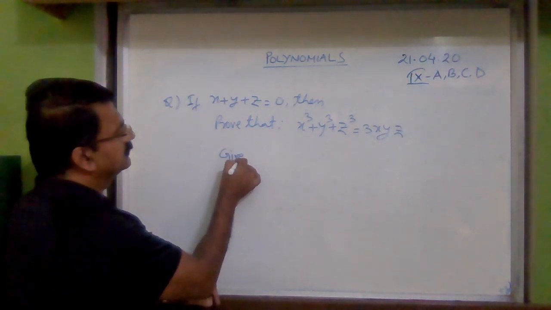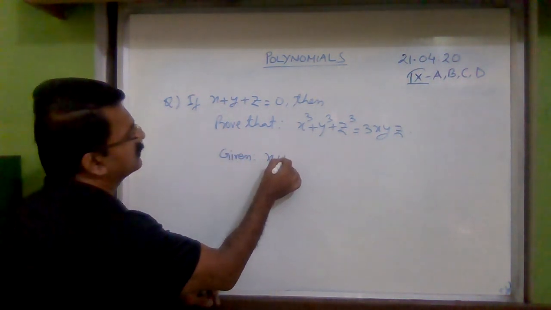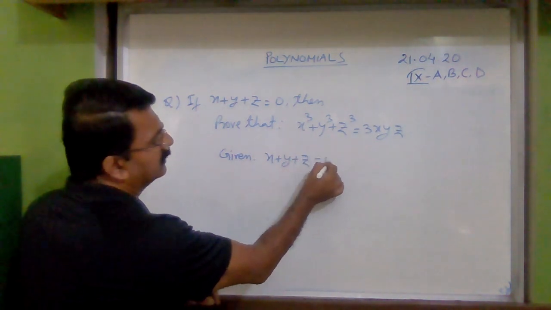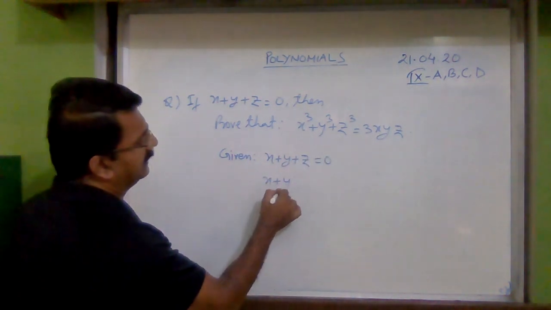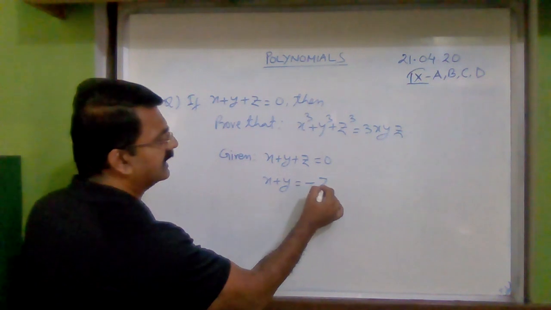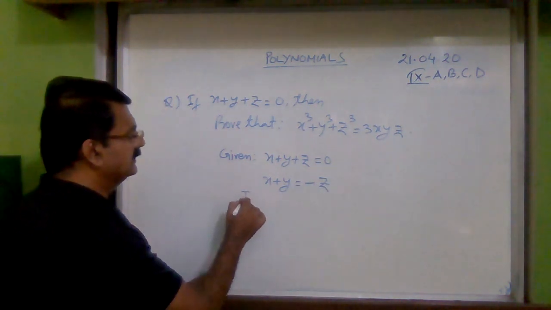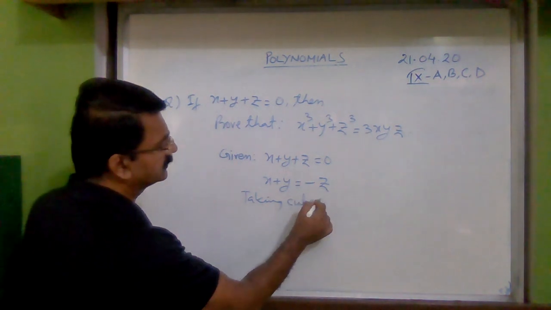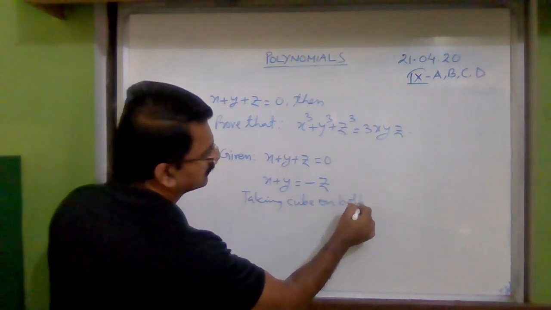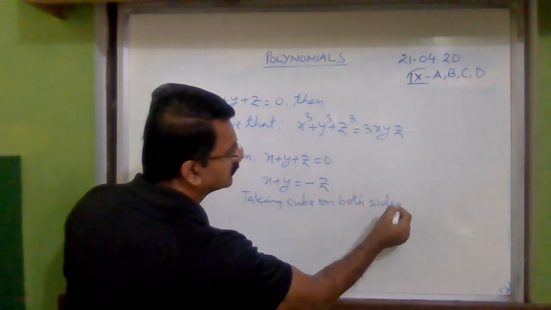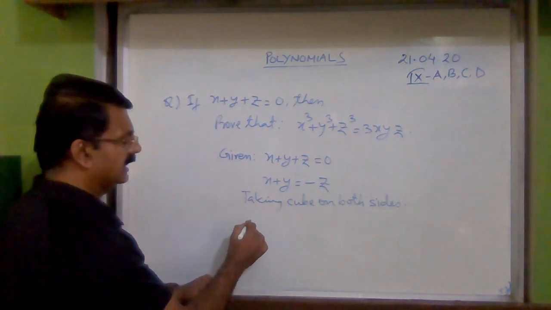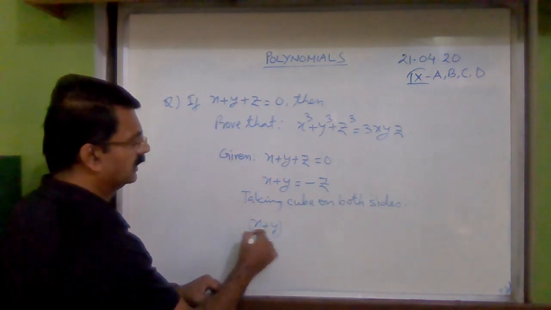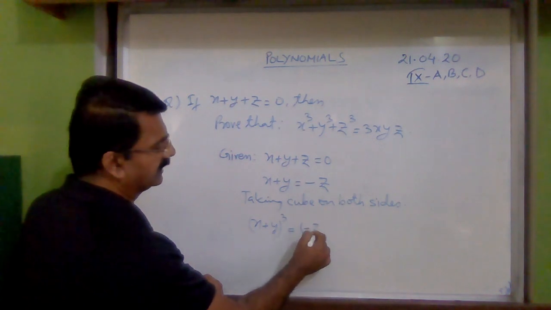Given x plus y plus z is equal to 0, then x plus y will be equal to minus z. Taking cube on both sides, (x plus y) cube is equal to minus z cube.